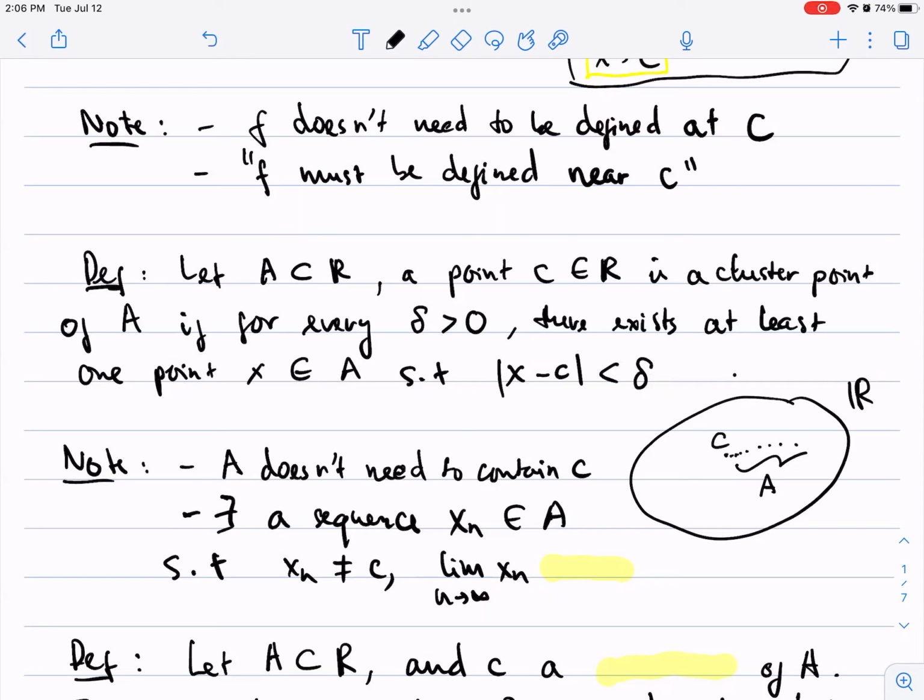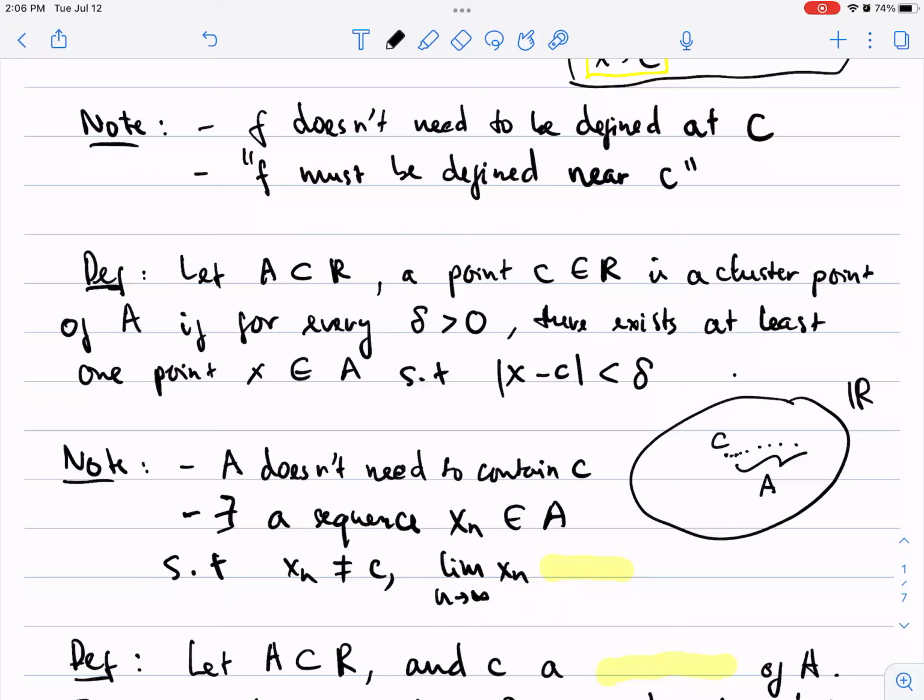That is, it doesn't matter how small you choose the parameter delta, you can always find a point x which is within delta distance to the point c. So that's why c is called a cluster point or a limit point.